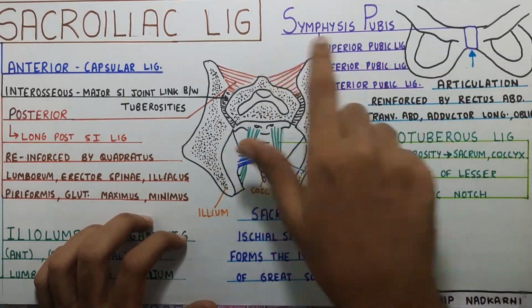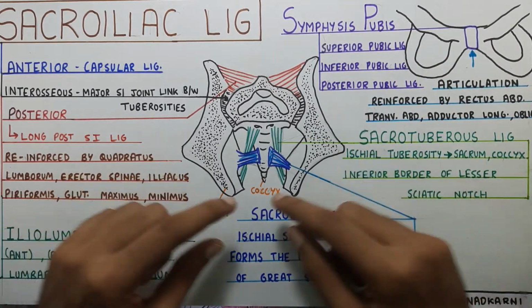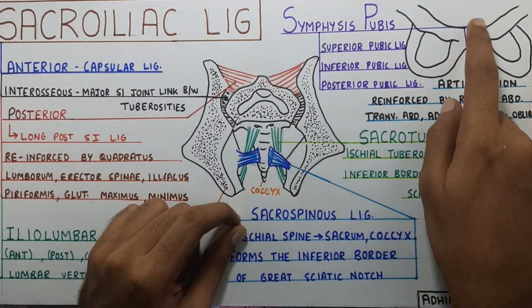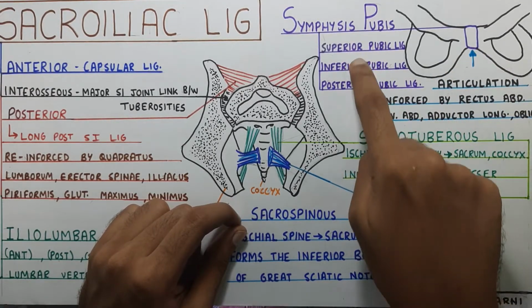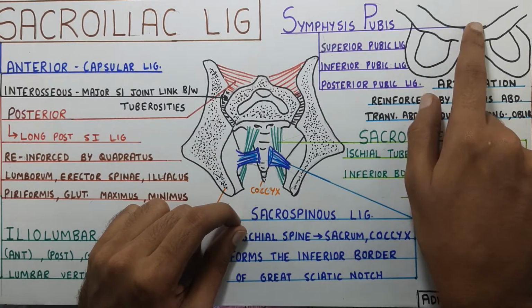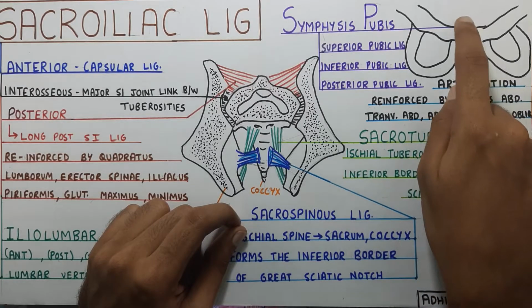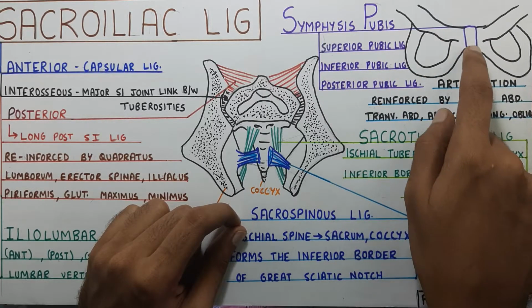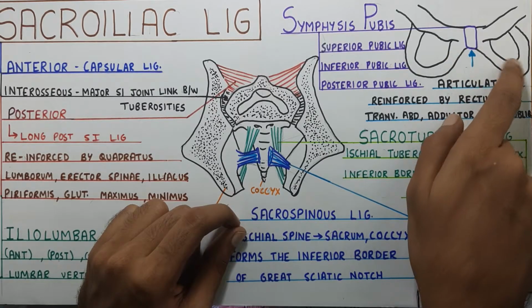So going to the symphysis pubis, it is basically the articulation which occurs on the anterior side of the pelvis, and this articulation is reinforced again by three ligaments: the superior, inferior and posterior. Now the superior ligament, which is present on top, is very thick and dense, and it supports the superior aspect, whereas the inferior is present on the inferior aspect and connects to the rami at the side.